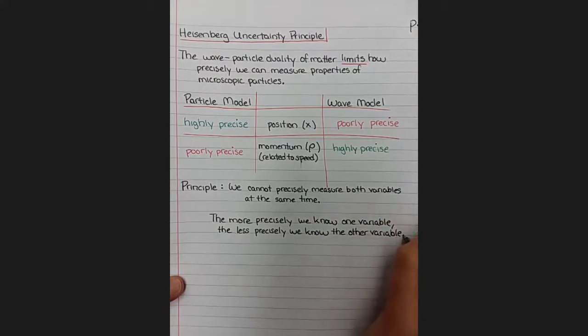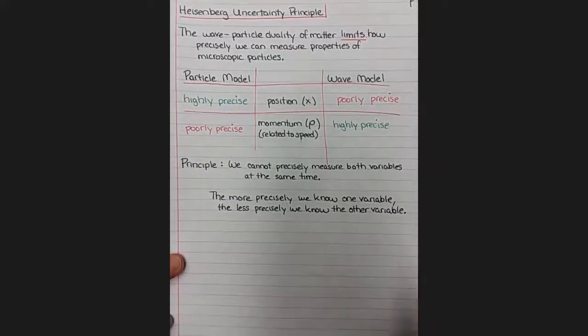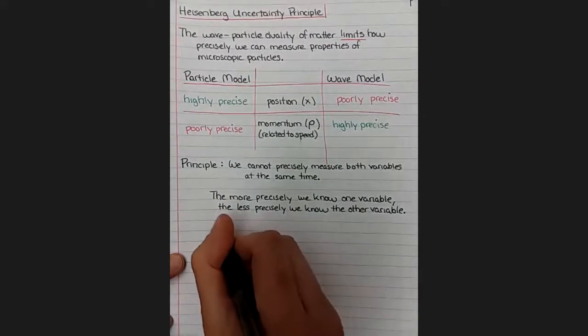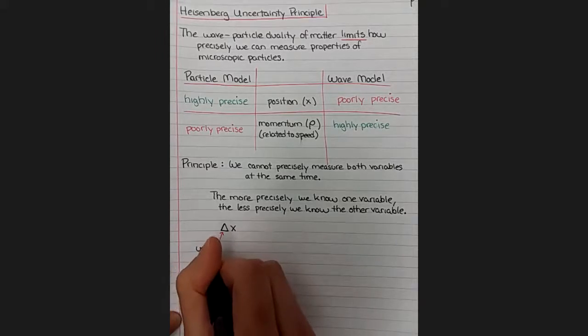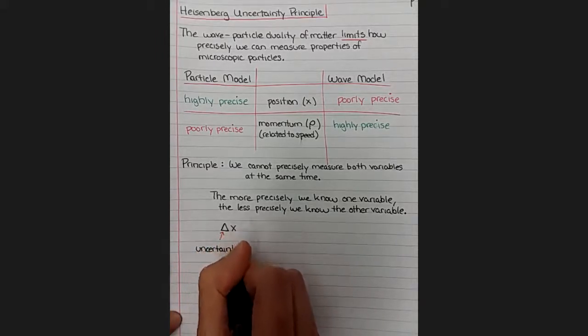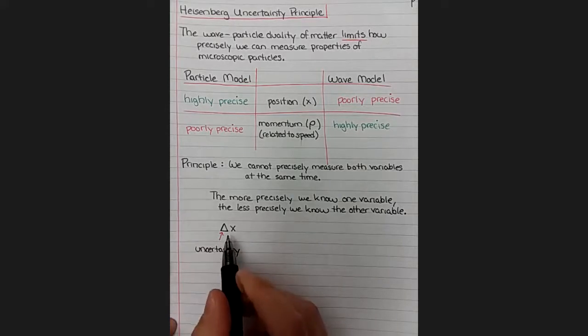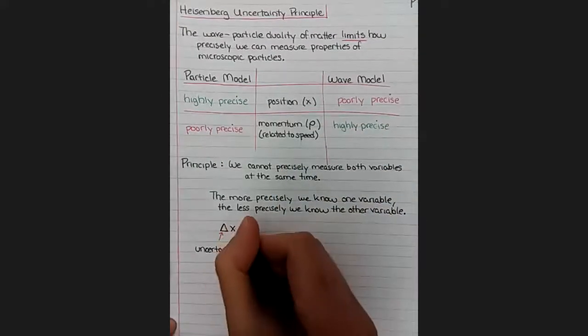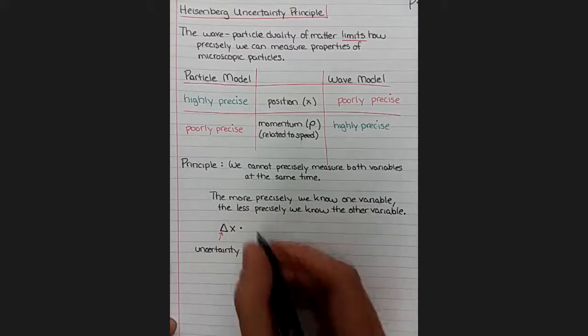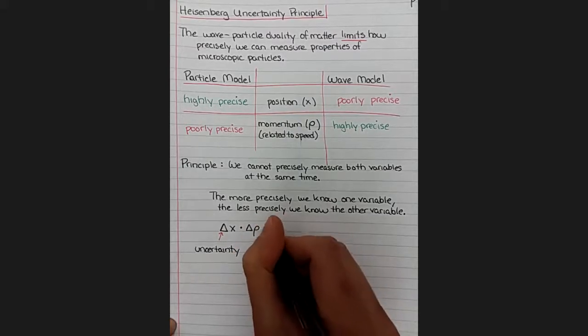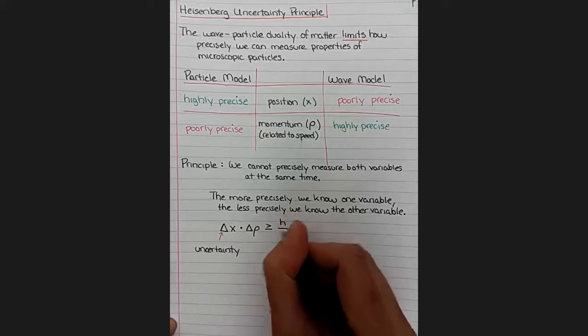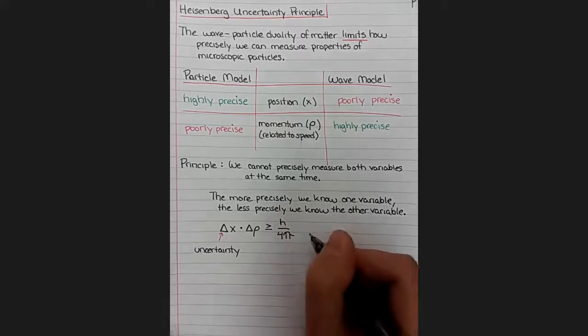And so for these two particular variables, we can define the limits to how precisely we can measure them using a formula. And in this formula, we use this triangle (delta) to represent our precision or our uncertainty for a particular variable. So when I put the triangle in front of x, it indicates the uncertainty in x, or the uncertainty in position. So in the formula, the uncertainty in position multiplied by the uncertainty in momentum, that product is always greater than or equal to Planck's constant over 4 pi.